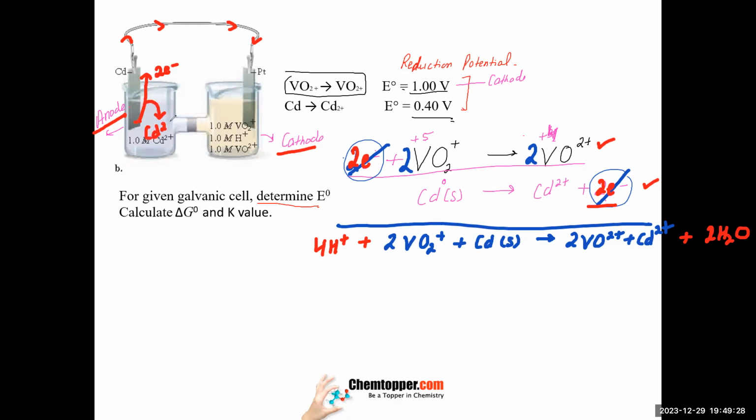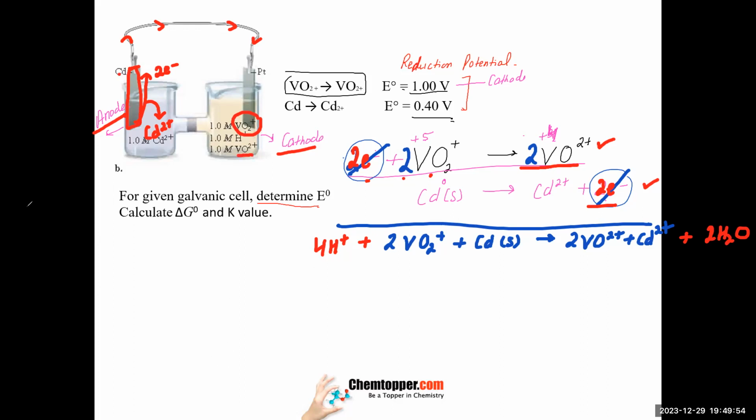Cadmium 2+ from the solid cadmium electrode. These two electrons will travel here, and then this VO2+ will go and capture these two electrons to give you VO2+, the reduced species, this one, right?